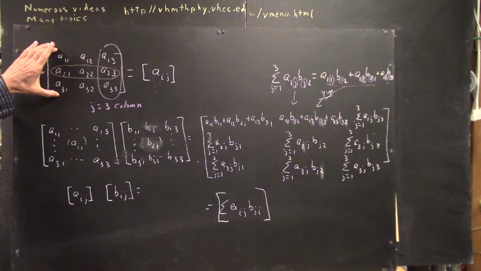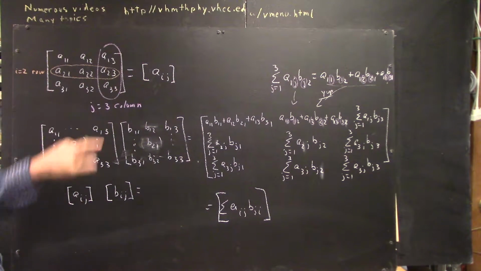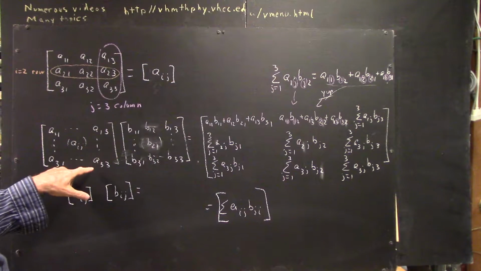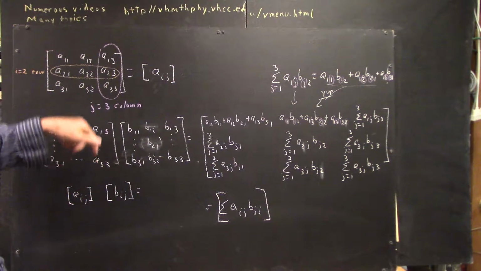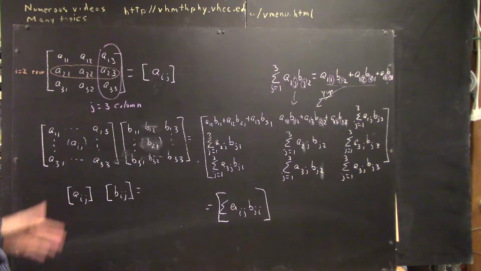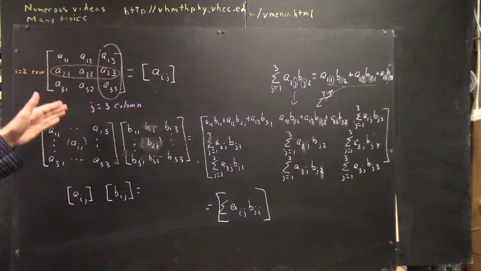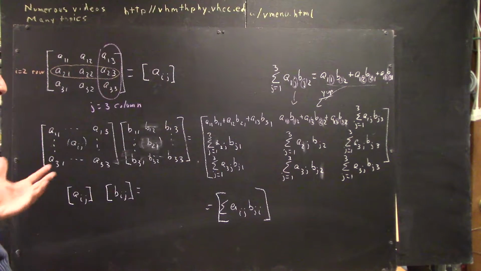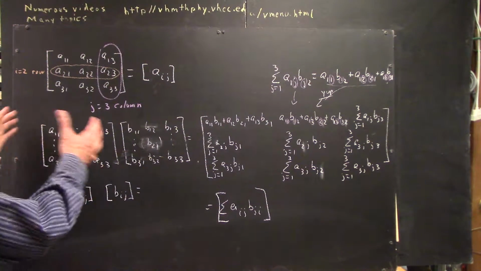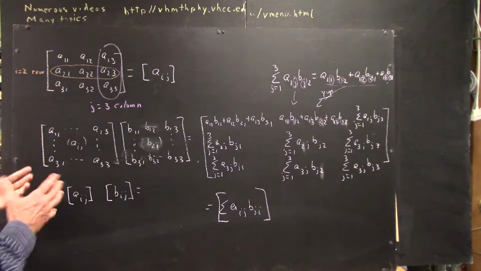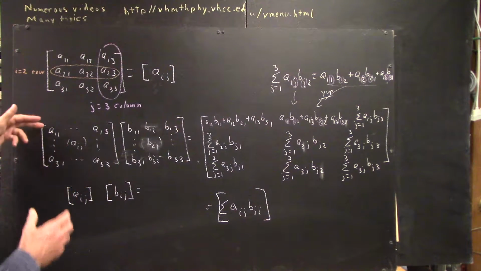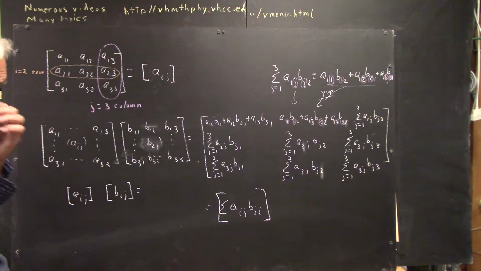The third row, A31 through A33, it's the i equals 3 row. And the last column, the j equals 3 column. I haven't listed the middle column or the middle row, but we know what the numbers would be there. The pattern is well established just by these 4 subscripted variables and the dots between them.